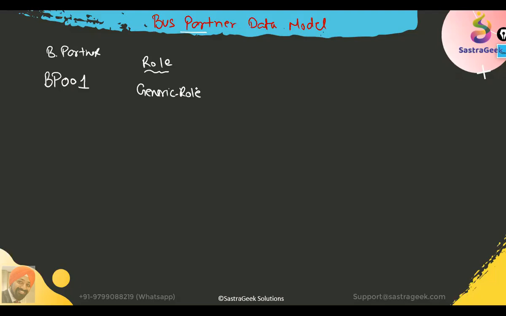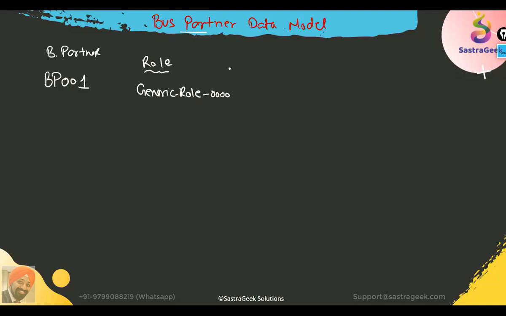We create a business partner as a generic role. Let's say 000000. This is a generic role. When we create this as a generic role, we maintain the generic data, which is not relevant to any customer, which is not relevant to any vendor. It's a very generic data. Let's say what is the name of the organization and what is the address of the organization, that has been maintained here.